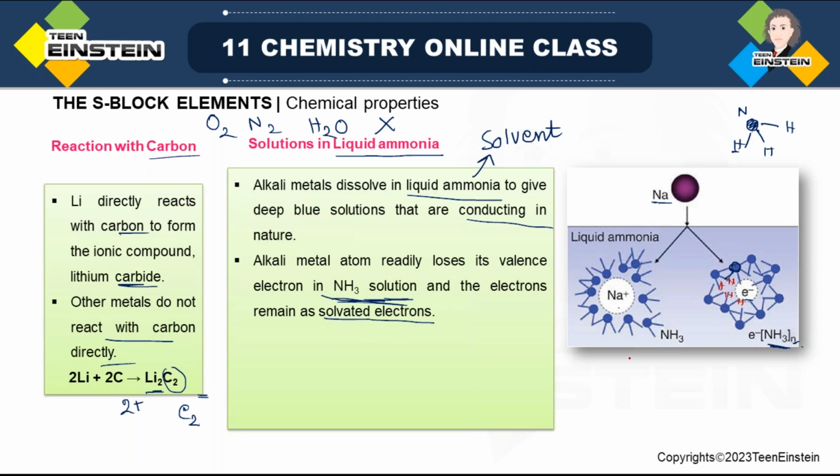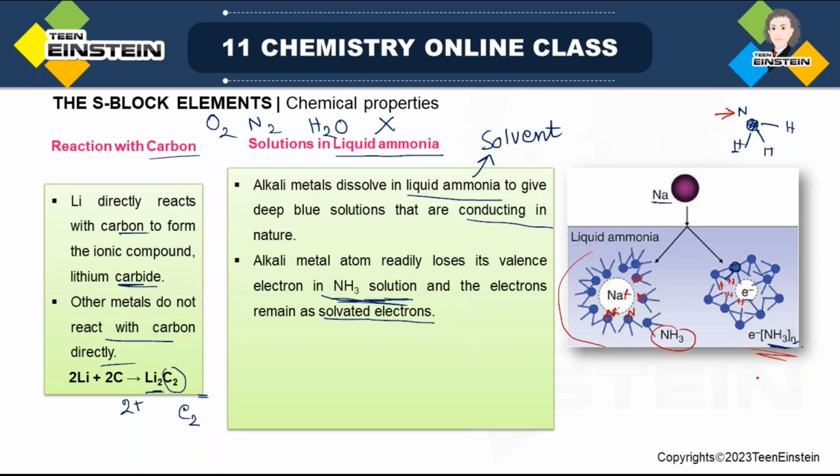But when it is Na plus, then also several ammonia molecules are surrounding it. But now the nitrogen is facing Na plus, because there will be a partial negative charge on nitrogen. So that is why they are facing Na plus. So here also several ammonia molecules are surrounding Na plus, and you can call it ammoniated Na plus, and here it is ammoniated electron, or in general you can say solvated electron.